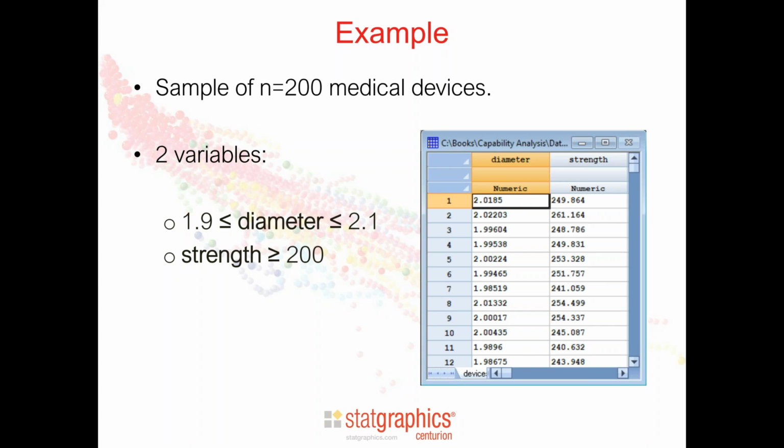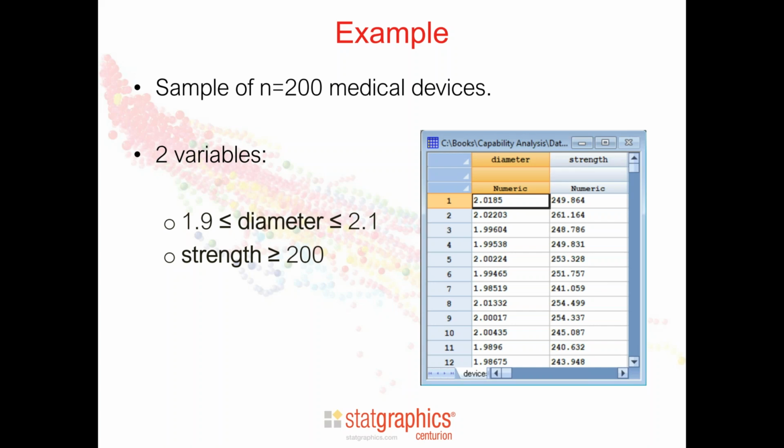Now, if the variables are independent of one another, then you can simply go ahead, do a univariate capability analysis for diameter, do a univariate capability analysis for strength, estimate the defects per million with respect to each of those characteristics, and combine them together.